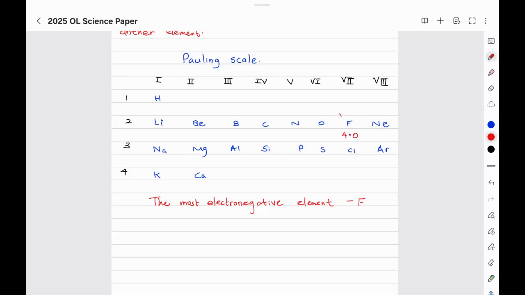From here to here, the values always decrease by 0.5: 3.5, 3.0, 2.5, 2.0, 1.5, 1.0. In that way. Understood the pattern? Fluorine is the most electronegative element at 4.0. In the second period, from fluorine to lithium, the values decrease by 0.5 each.